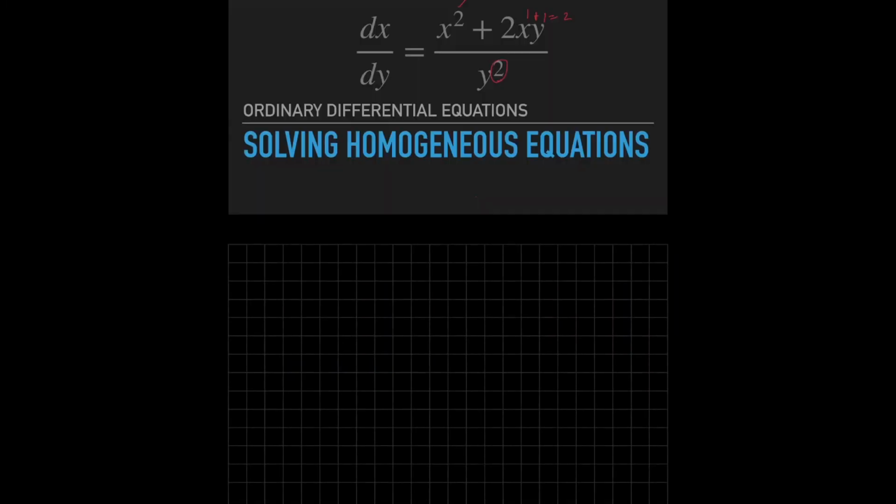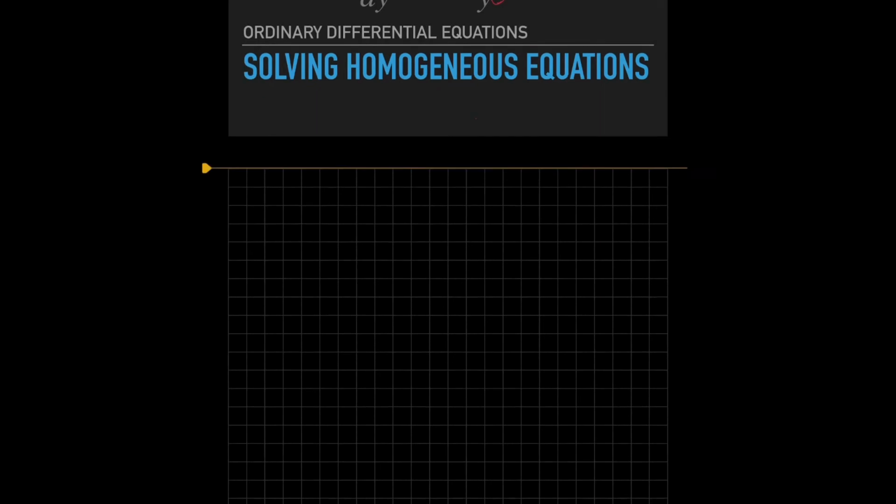Now if you want to do that more formally, the definition of a homogeneous expression is such that the function f(x,y) is equal to f(kx, ky), where you replace the x with kx and the y with ky. If this is the case, then you know it's homogeneous, because that is the definition of homogeneous.